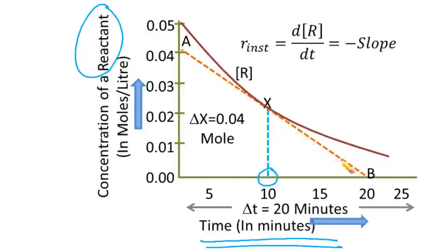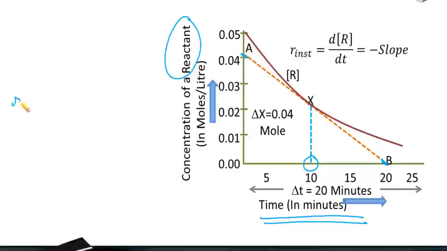So we need to draw the tangent to the curve at this particular point, and it is extended on either side to cut the axis. So this one up to this point here and this point here, given as A and B respectively. Then the rate of reaction is equal to the change in concentration upon time, which is nothing but delta x upon delta t, and that value is equal to OA, this is the change in concentration, upon OB, this is OB.